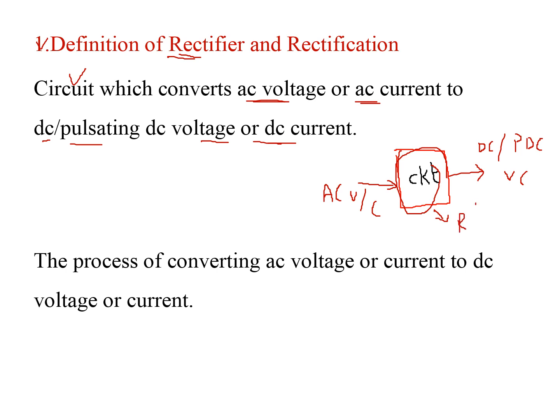That is, a rectifier is a circuit which converts AC voltage or AC current to DC or pulsating DC voltage or current. That is the concept of rectifier. Coming to rectification, the process of converting AC voltage or current to DC voltage or current is called the rectification process.